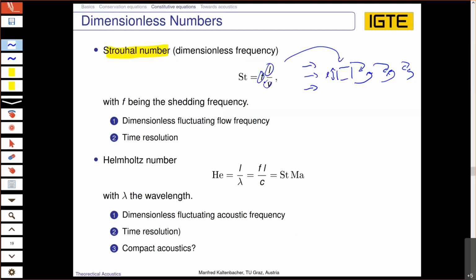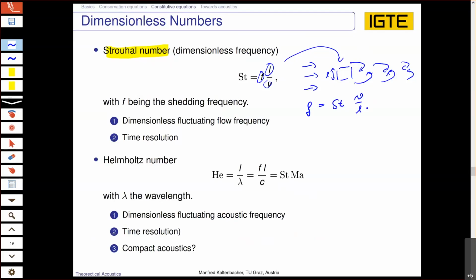So you see, when you know the Strouhal number, and that is constant for a lot of flows within a large range of the Reynolds number, then we immediately can compute the shedding frequency f as the Strouhal number multiplied by the velocity over the characteristic geometric scale.